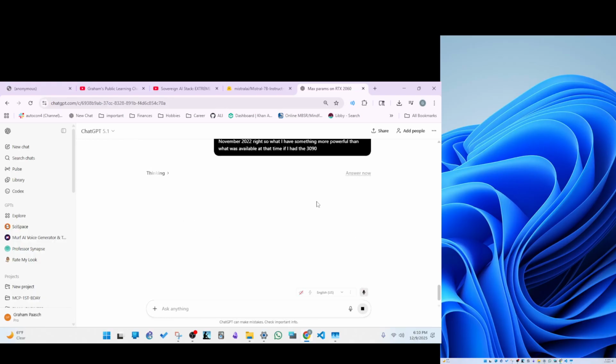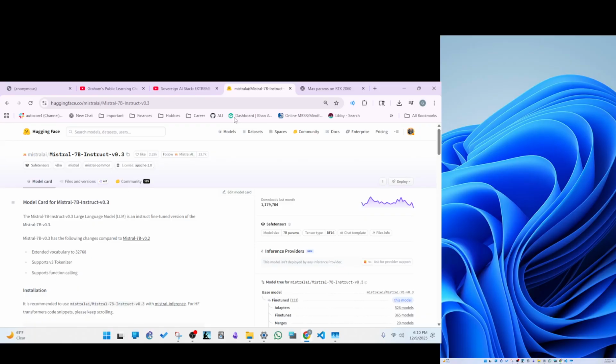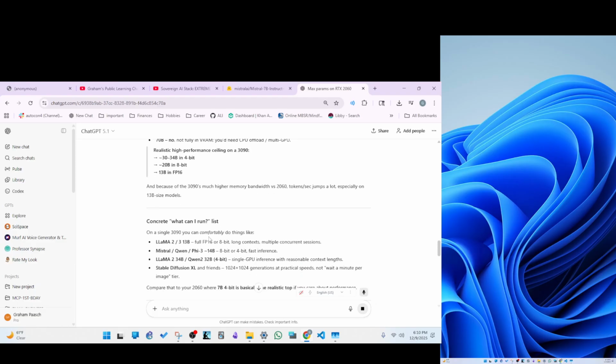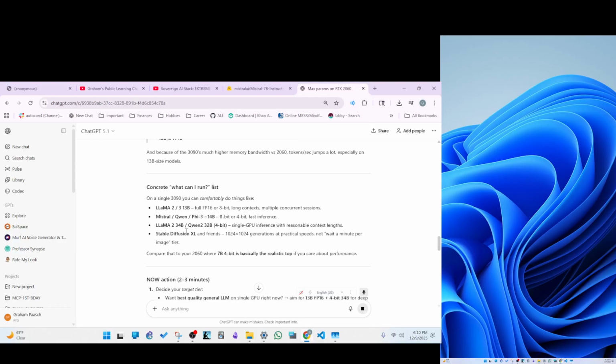Let's see. So I can get Llama 2. I can comfortably do things like reasonable context lengths. I can do Llama 2 13B. Oh, look at this, I can do Stable Diffusion. So I can do a lot of good images.